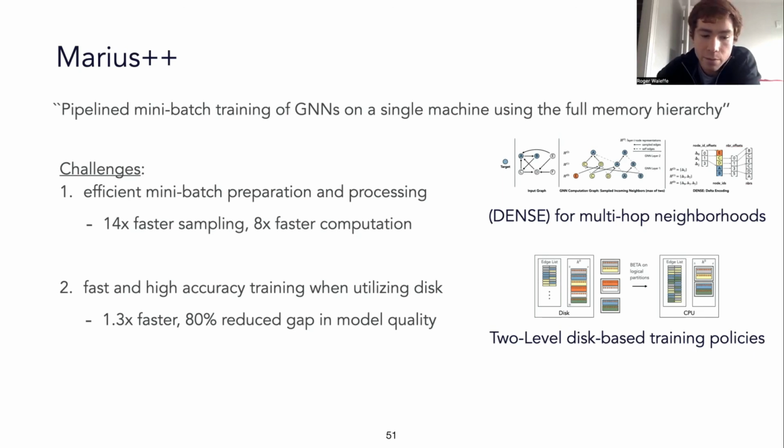And second, we studied how to train GNNs with graph data stored on disk and realized the importance of minimizing I/O for fast training, but also the importance of maximizing randomness in the order training examples are processed. And this led us to the two-level policies for disk-based training and allowed us to significantly improve the quality of disk-based models.